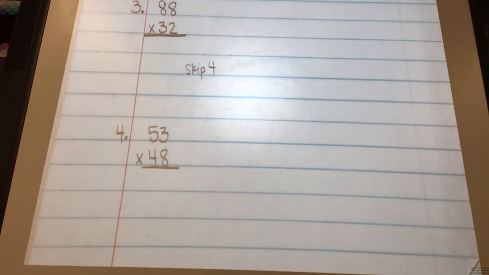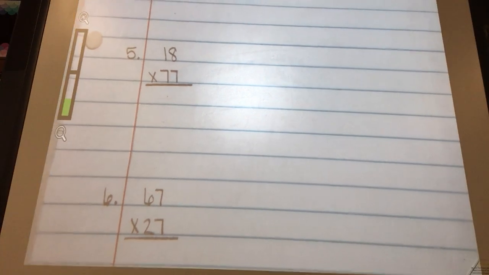Now, you could go all the way down the paper, or could you make a second column too? I would be okay with that. 1, 2, 3, 4. I'm going to do 6, which is 67 times 27.